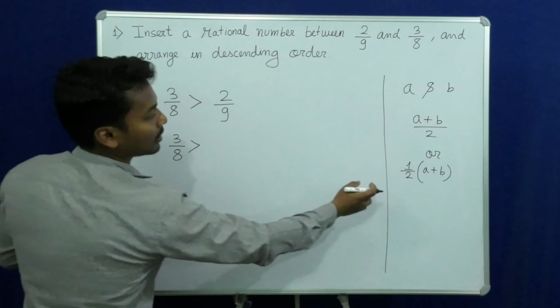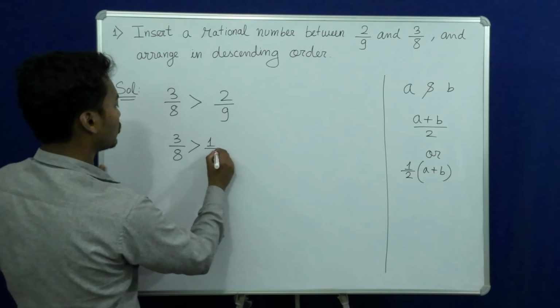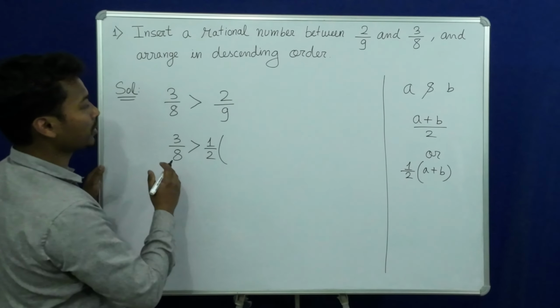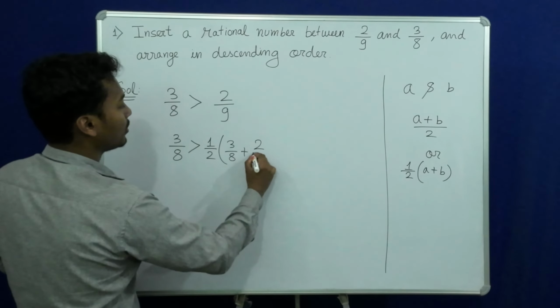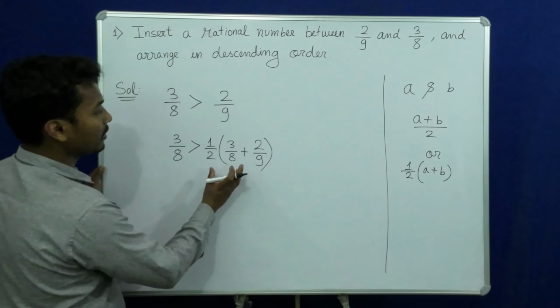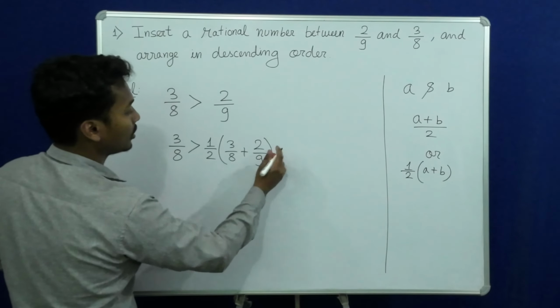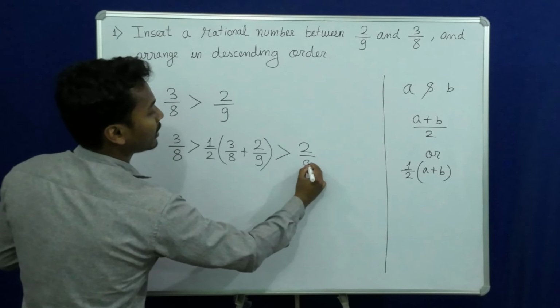So let's write it in this form. It will be more convenient. So we can write it as 1 by 2, half of the sum of the first and the second rational number that was given. So 3 by 8 plus 2 by 9. Now whatever we get here will be the rational number in between 3 by 8 and 2 by 9. So this will be greater than 2 by 9. So here we have 2 by 9.